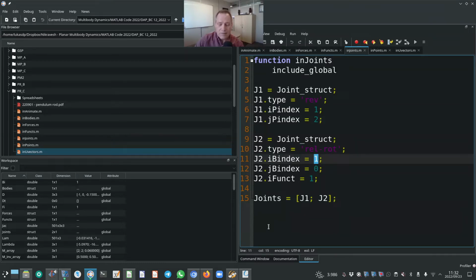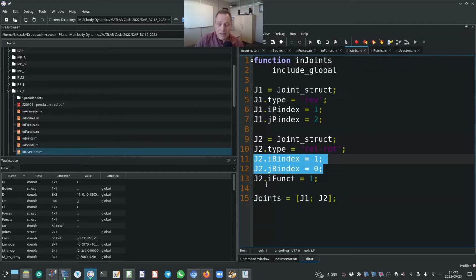If you remember, the pendulum rod is body 1 and J body index is 0. That's ground. So the relative rotation is between the pendulum rod and ground, and we specify it as shown over here.